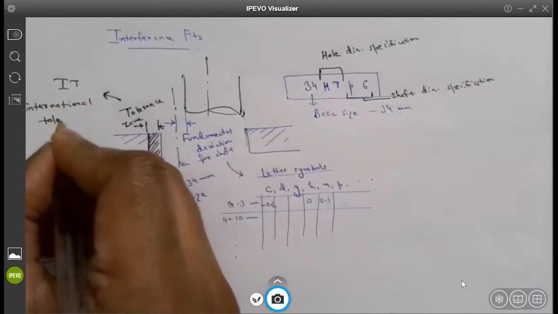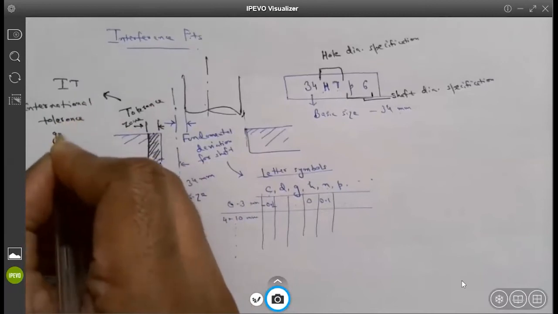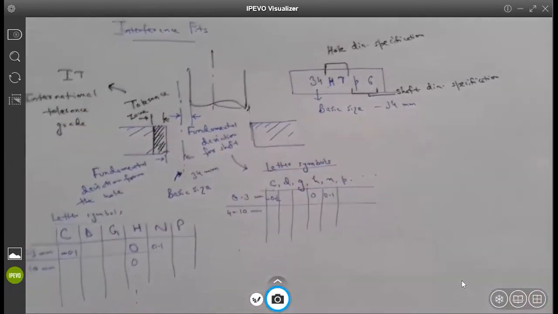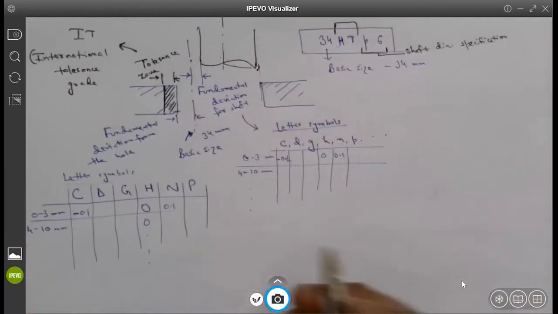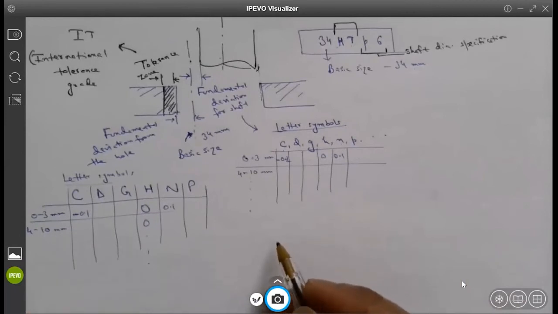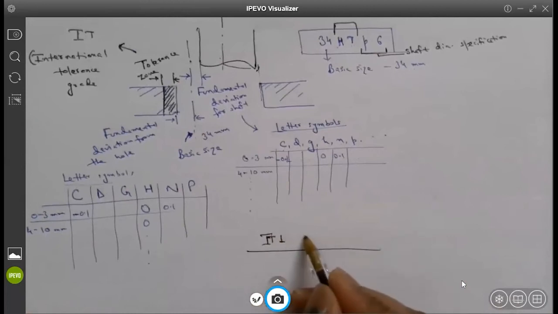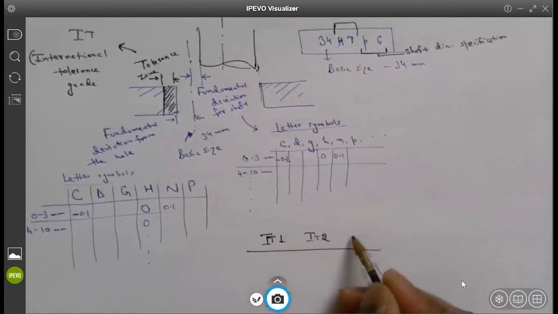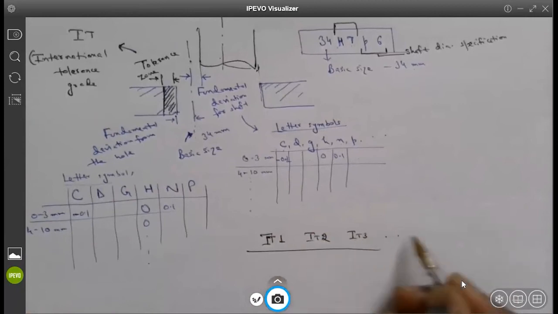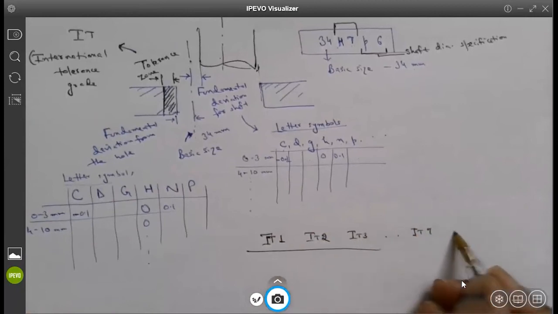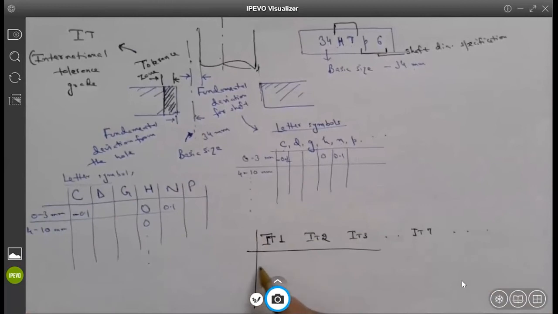If you look at the table, there is another slide in the PowerPoint presentation that tells you what the international tolerance grade 1, grade 2, grade 3, 7, and so on are. What is the amount of tolerance you are providing for a given size?